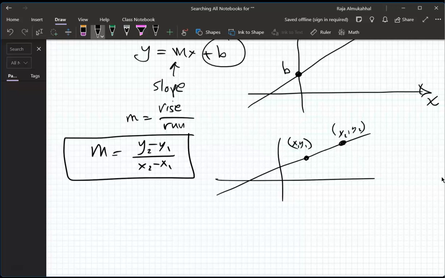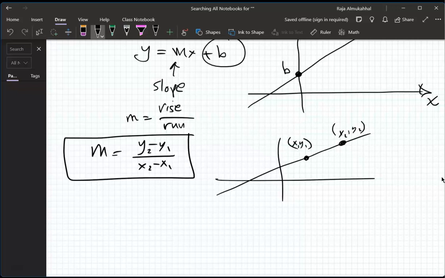Remember, there's an infinite number of points on a line, and I'm just going to pick 2 of them. Any 2 points at all, you can use them to get the slope of the entire line, by using this ratio. I'll come back to this ratio in a minute.